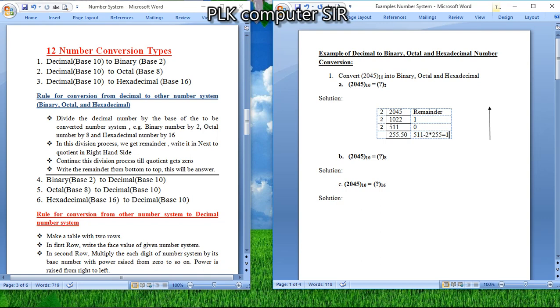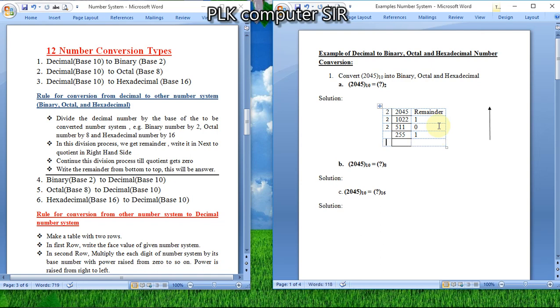The answer is 1. You can use the calculator if you are confused. No need to put the decimal point here. It is not 0, so we have to go more steps, my dear students.